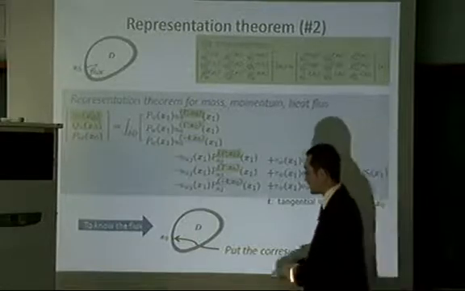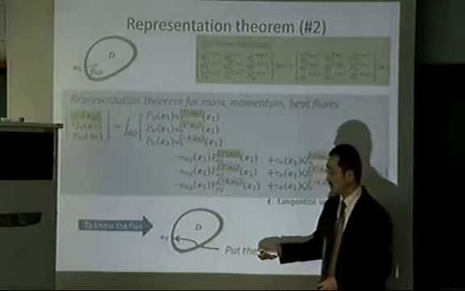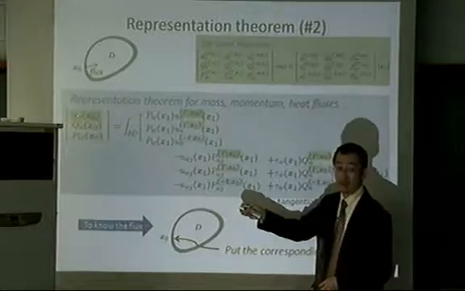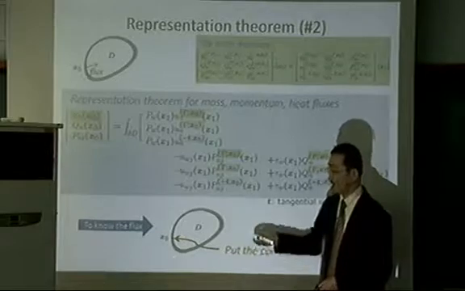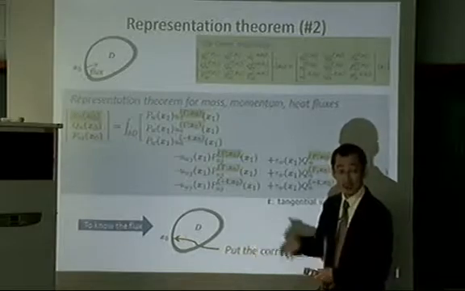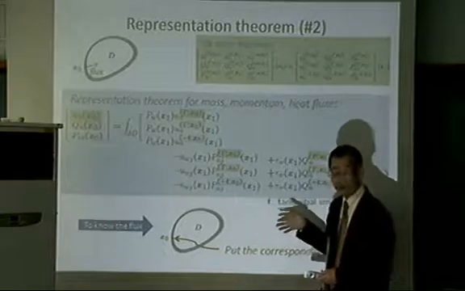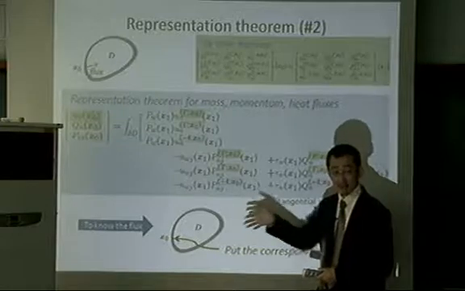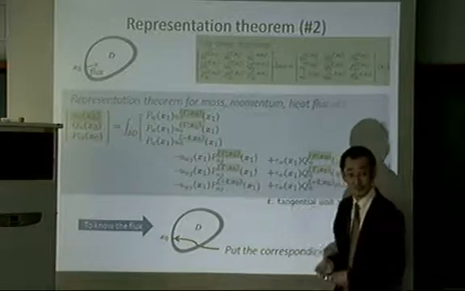So the next stage is, if you integrate this result over some part of the surface, then you obtain the total mass flux coming to, passing through this surface.